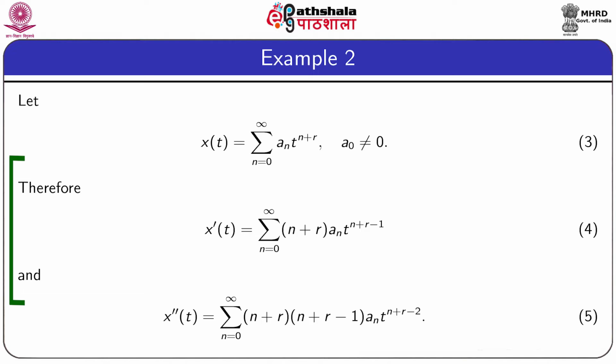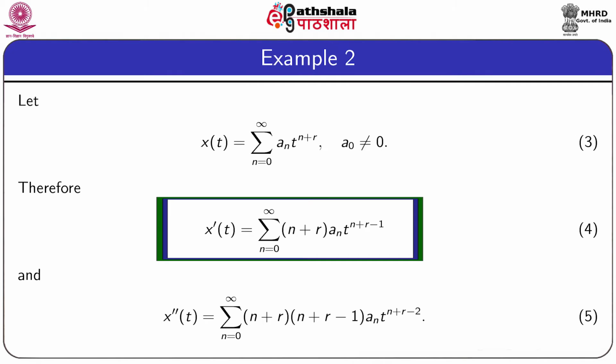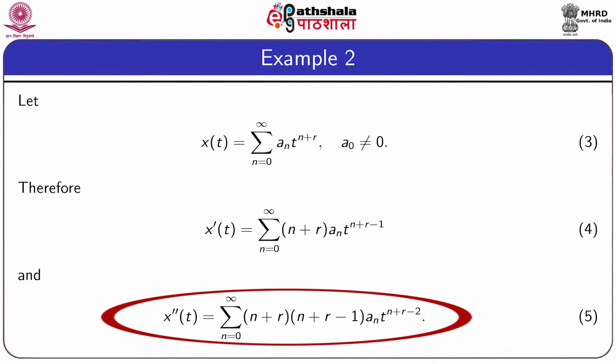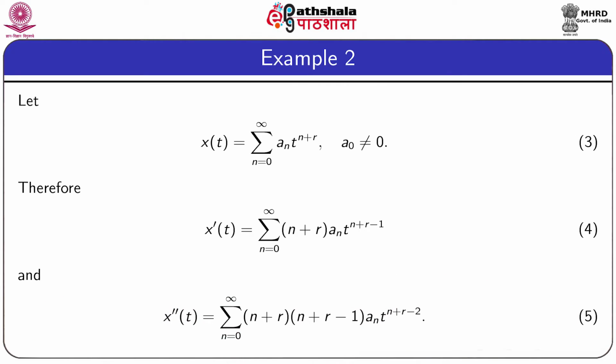Differentiating 3 twice, we will get x dash t equal to summation n equal to 0 to infinity (n plus r) a n t to the power n plus r minus 1 and x double dash t equal to summation n equal to 0 to infinity (n plus r)(n plus r minus 1) a n t to the power n plus r minus 2, given by equations number 4 and 5 respectively.